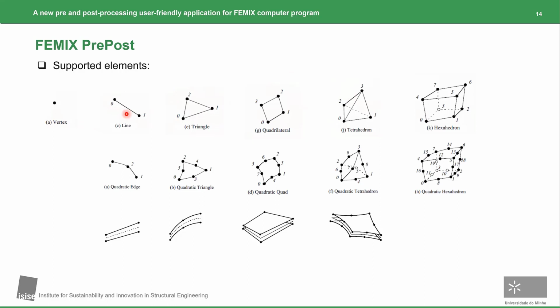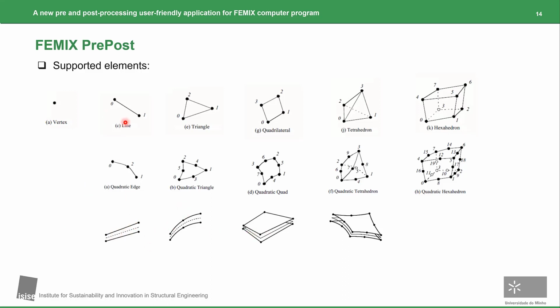But we can use, for example, for rebars, we can use line. For plane stress, we can use quadrilateral, and for 3D elements, hexahedron. It also supports the quadratic elements and also interface elements. However, I have not brought all of the supported interfaces here.